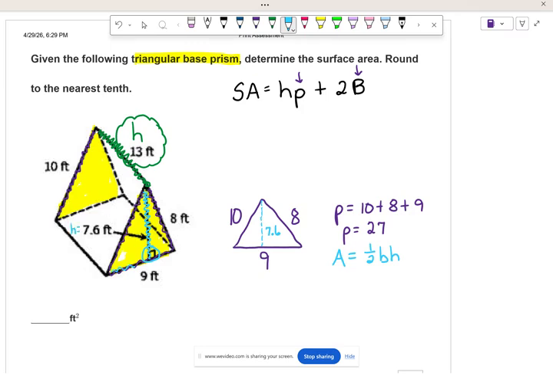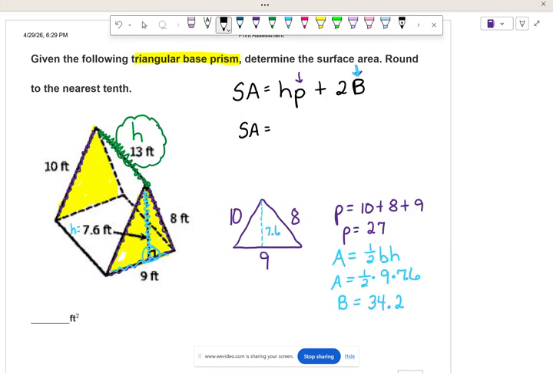The 9 touches the right angle at the bottom. So it would be 1/2 times 9 times 7.6, and that would give me area equals 34.2. That's big B in my formula at the top. All right, so we're ready to substitute and get our final answer.